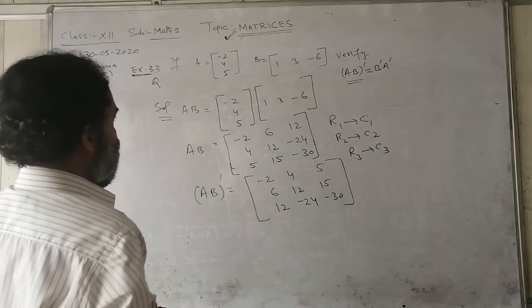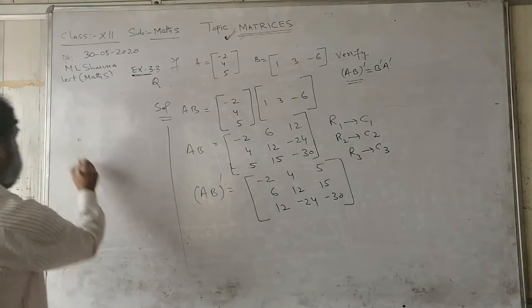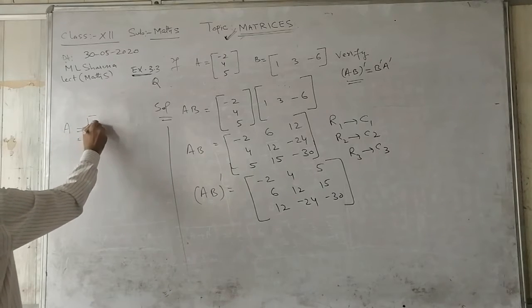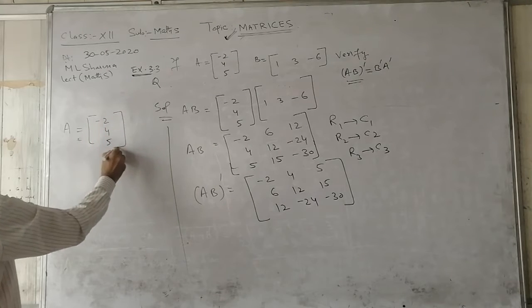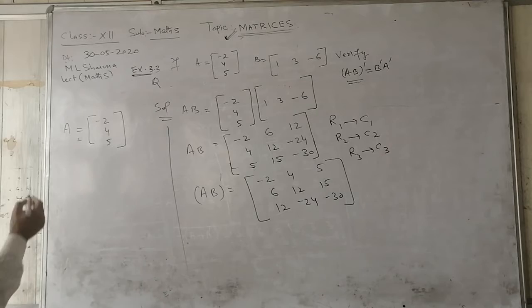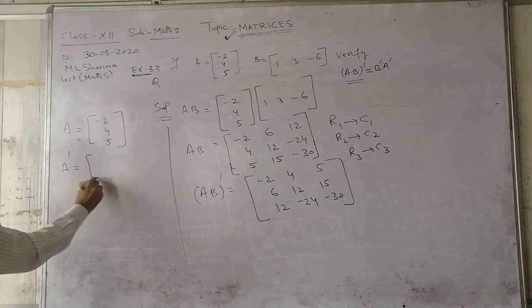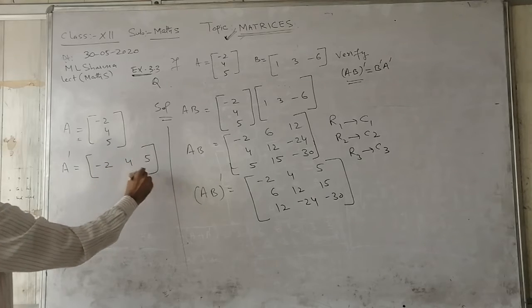Now the value of A is given. Since matrix A has elements -2, 4, 5, I can find its transpose. A transpose will be -2, 4, 5.